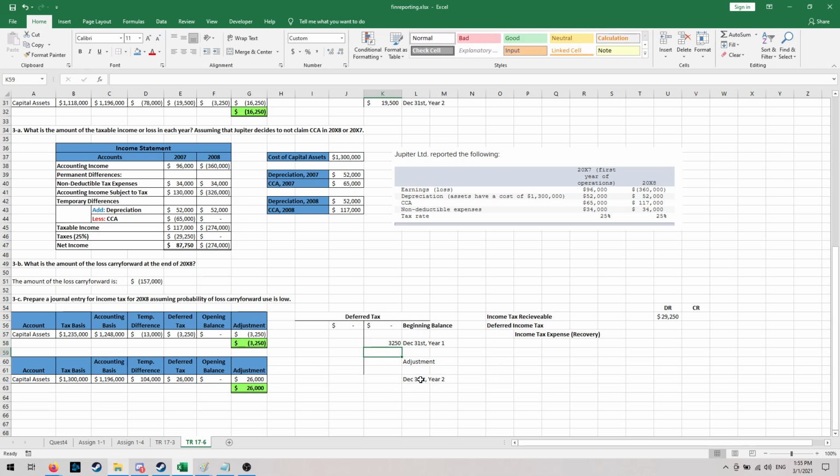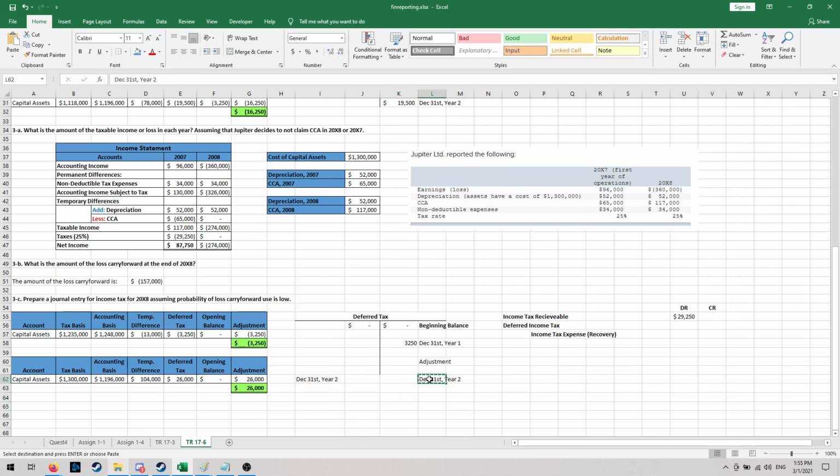On December 31st, year 2, we had a deferred tax debit balance of $26,000.